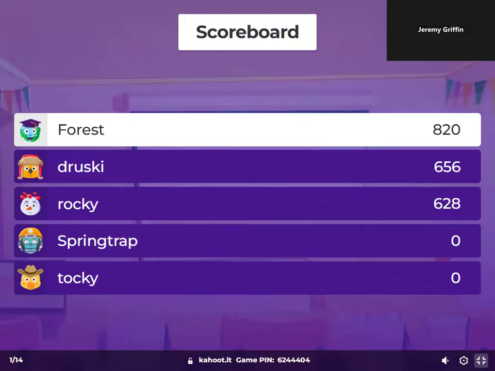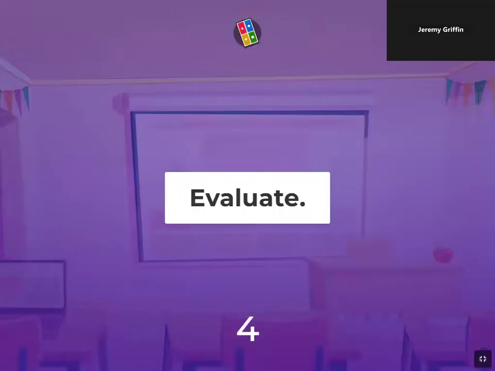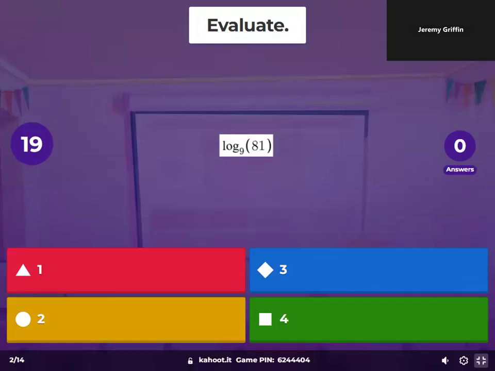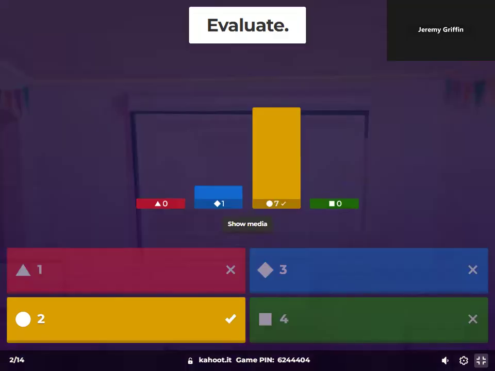All right, what's on the board? Log base 9 of 81.